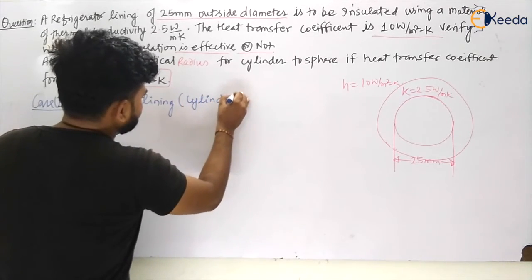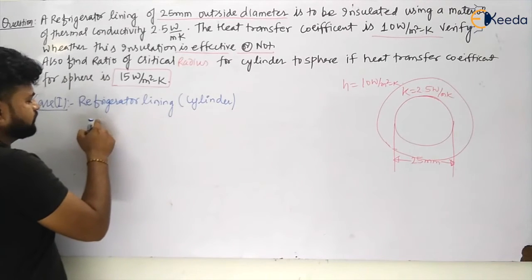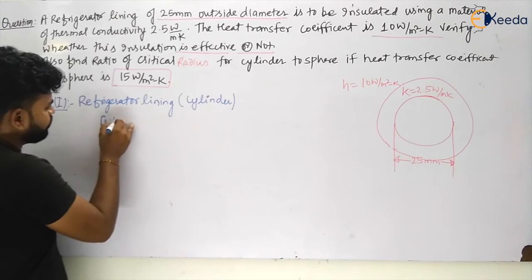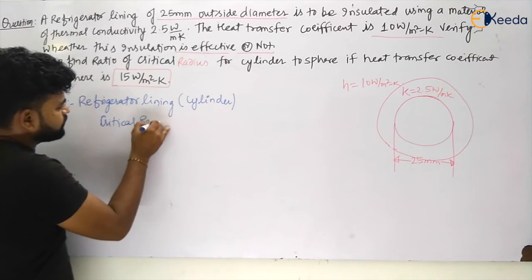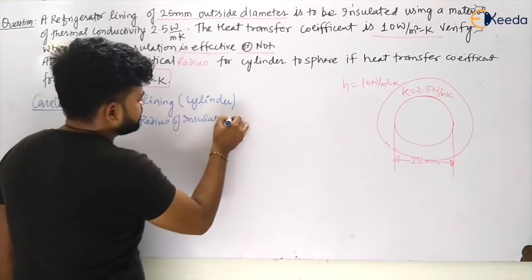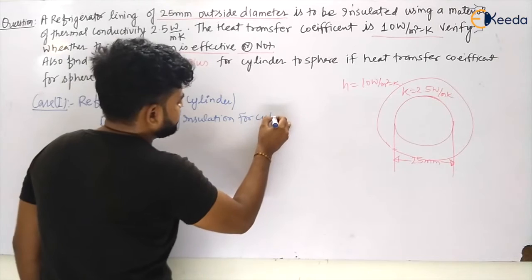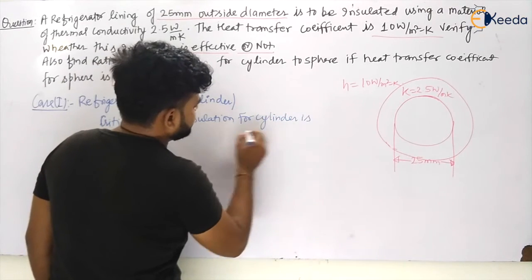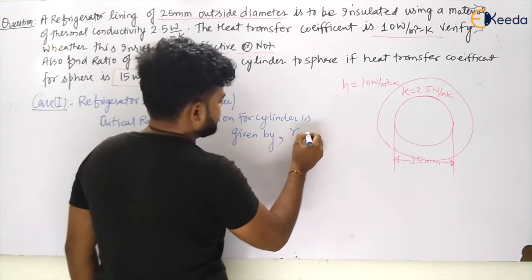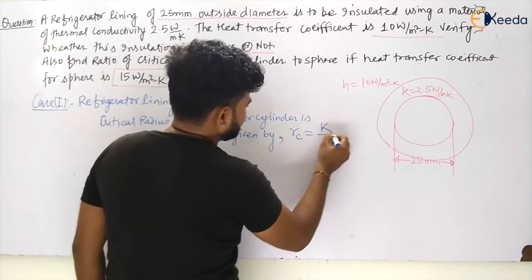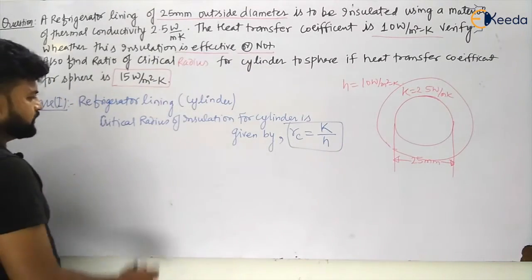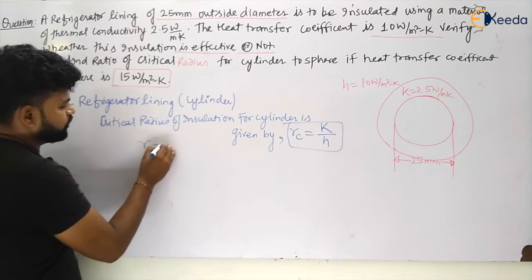So what will be the critical radius of insulation for a cylinder? Your critical radius of insulation for a cylinder is given by R_c equals k by h, my dear students. So can we calculate the R_c now? Yes, we can. R_c is equal to k by h.